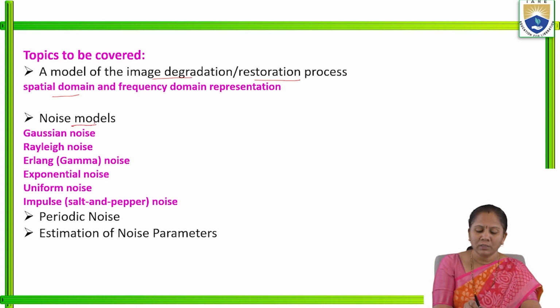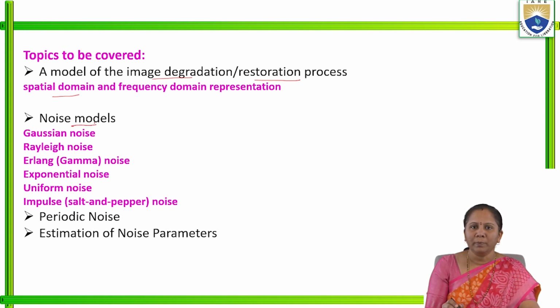Coming to the next topic, noise models, we are going to cover different types of noise models like Gaussian noise, Rayleigh noise, Erlang noise, which is also called gamma noise, exponential noise, uniform noise, and impulse noise.